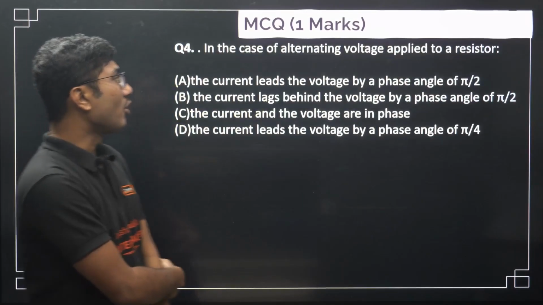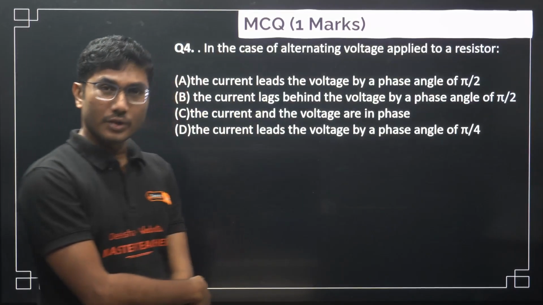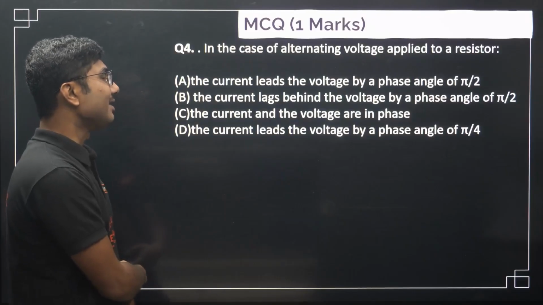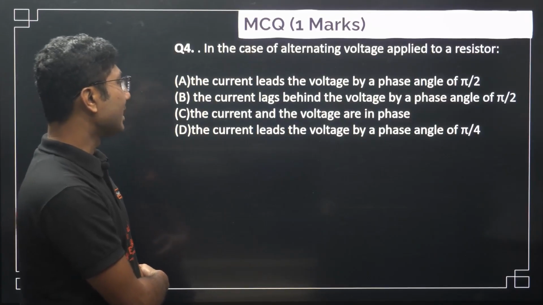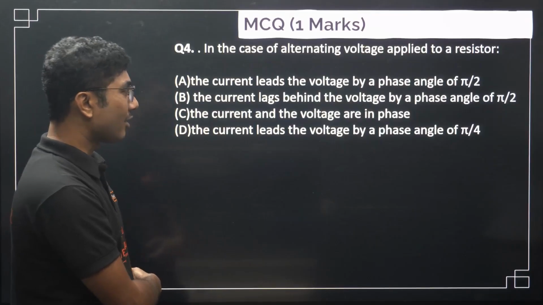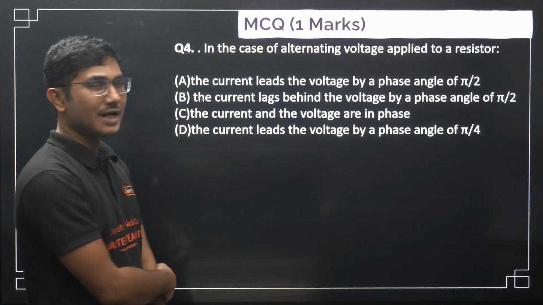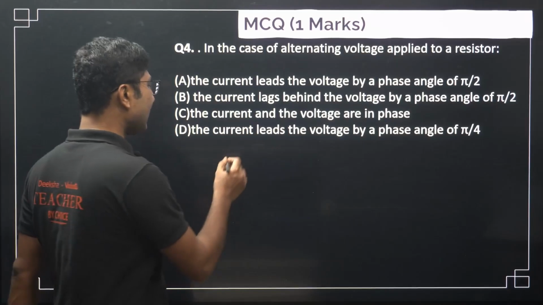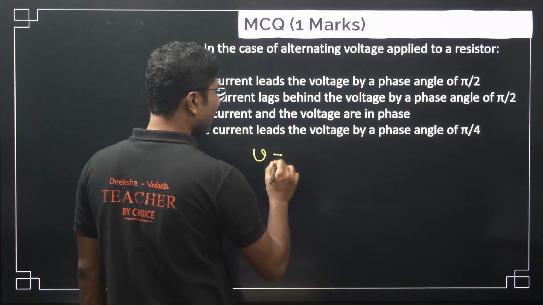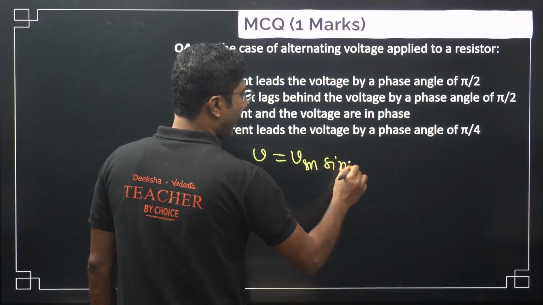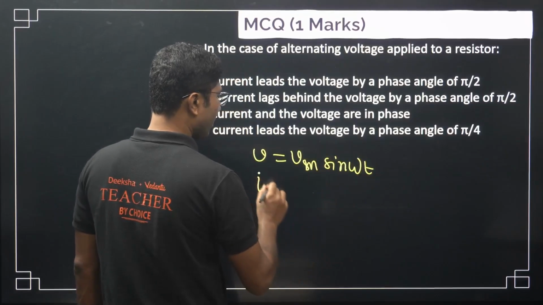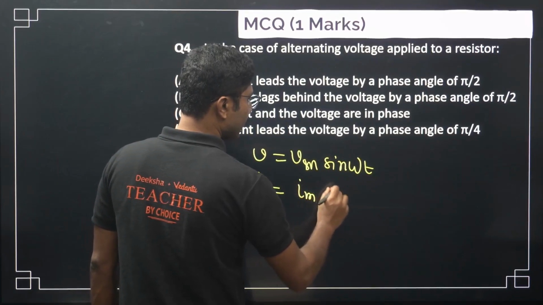In case of alternating voltage applied to a resistor, the current leads the voltage by a phase angle pi by 2. The current lags behind the voltage by an angle of pi by 2. The current and the voltage are in the same phase. So basically, in case of a resistor, V is equal to Vm sin omega t, and I equals Im sin omega t.